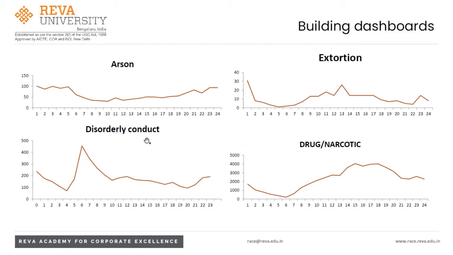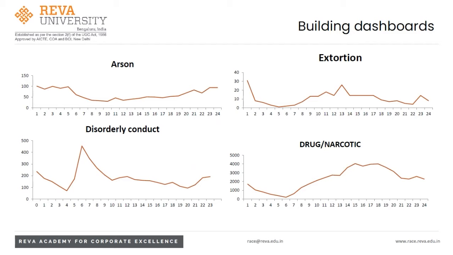Now look at disorderly conduct. The profile itself is different here. Disorderly conduct you mainly see at 5:30 a.m. or 6 o'clock. So I do not know, I'm assuming this. Maybe there is a stadium, and since in the US people are very, very crazy about soccer and such things, people may have had a nice party. You may see a lot of bars or pubs and restaurants.